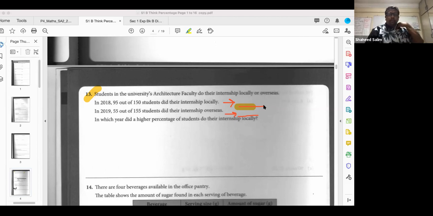Which one is more? You just need to find the percentage here. They want locally, so you need to use the formula twice. You can see which one had more percentage.